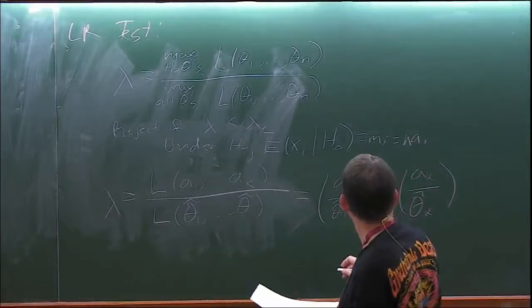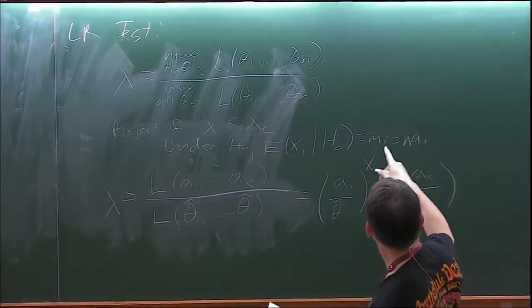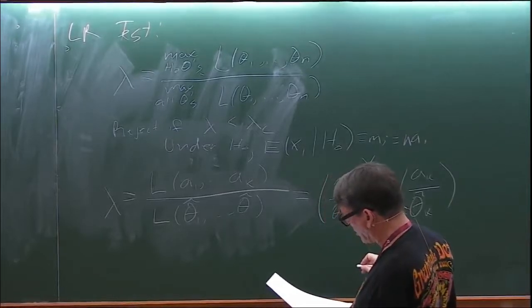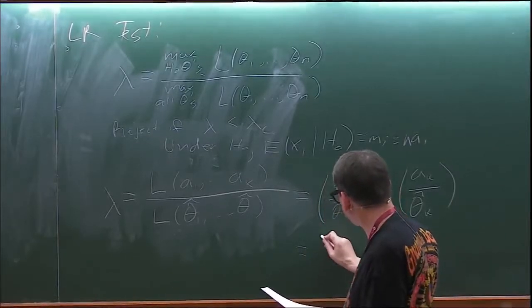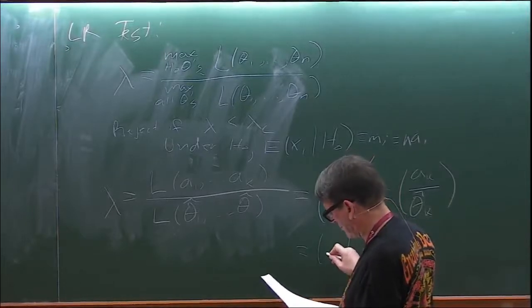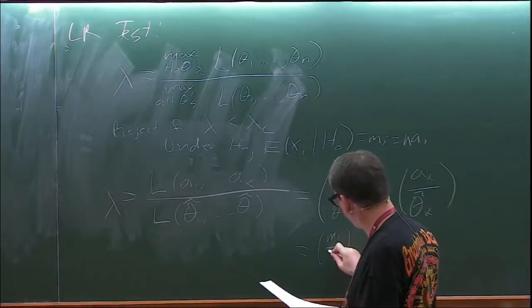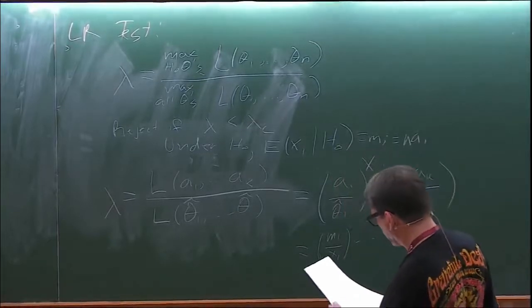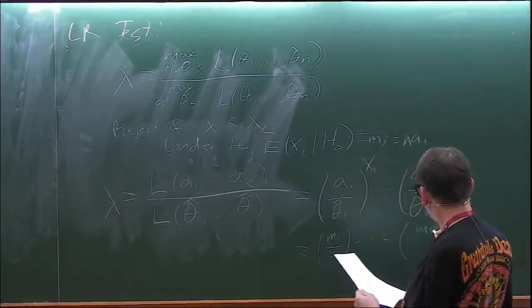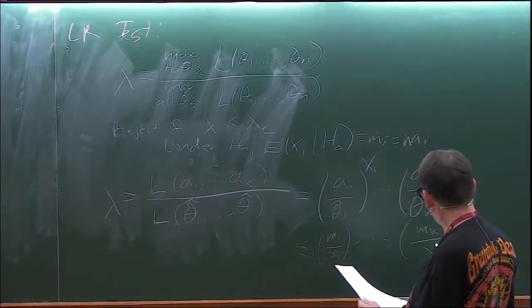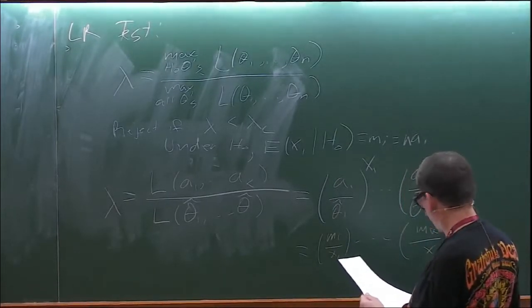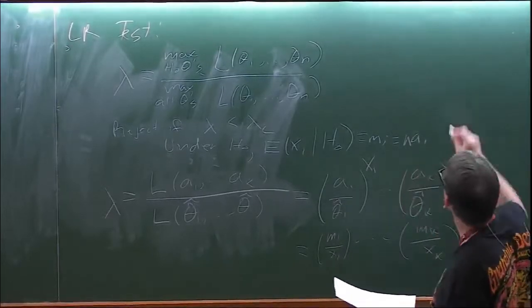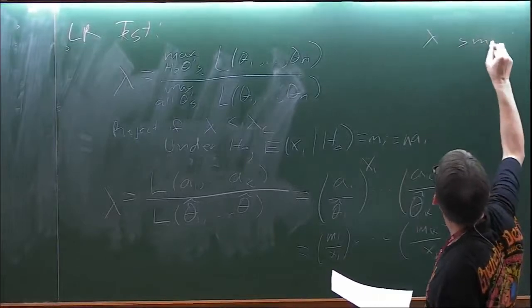Essentially then, because m is n times a, that's going to be m1 over x1, big product, m sub k over xk.